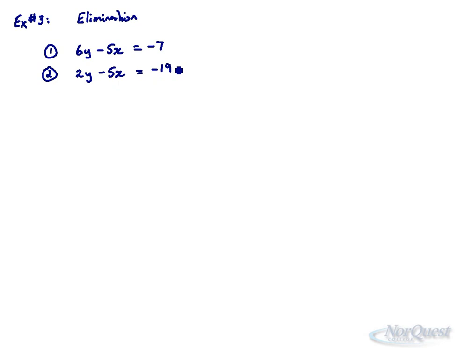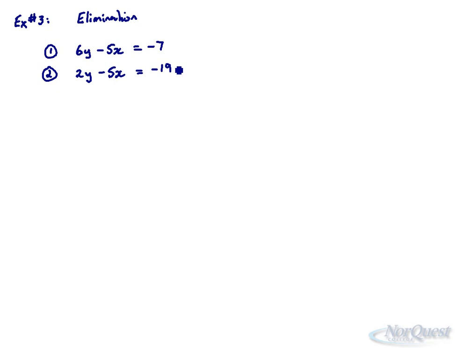The very first thing that you have to figure out is what's the easiest variable to eliminate. And by that, I mean to add or subtract to 0. Well, if I subtract the y's, I do not get 0. If I add the y's, I do not get 0.